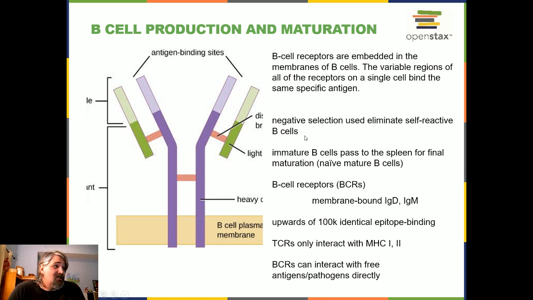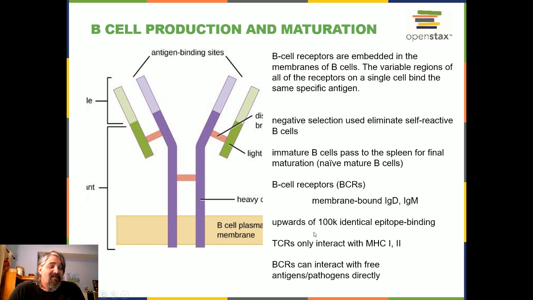Negative selection is used to eliminate self-reactive B cells, ideally, right? Immature B cells pass to the spleen for final maturation. Those are naive, mature B cells. And again, the B cell receptors are the membrane-bound IgD, IgM.